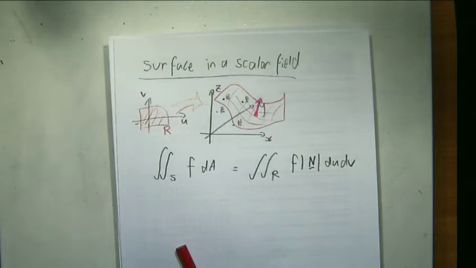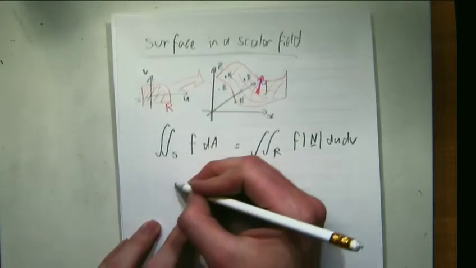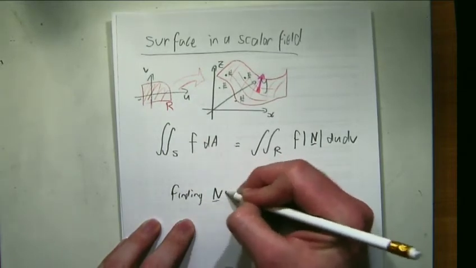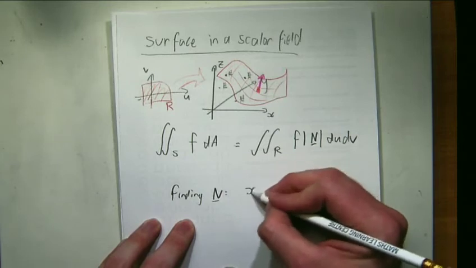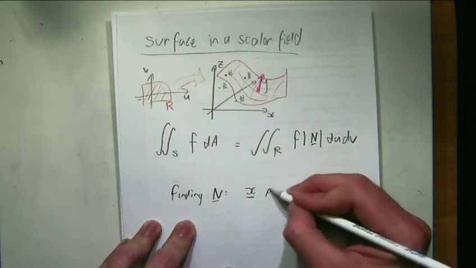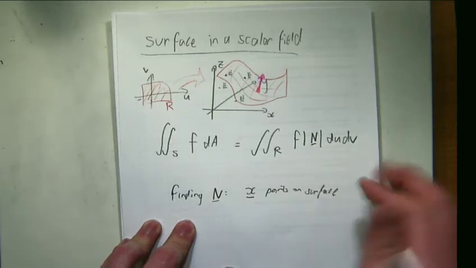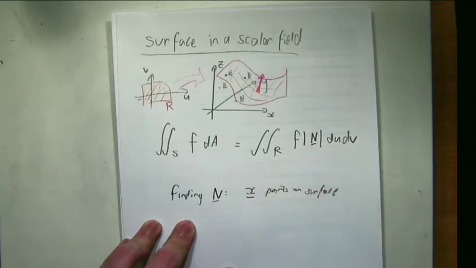There are at least two ways to find that normal vector, but the one that I found in the notes is this. Finding n: x are the points on your surface, and they're functions of u and v.